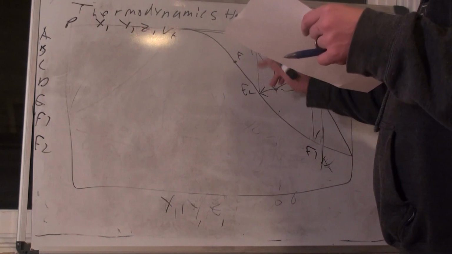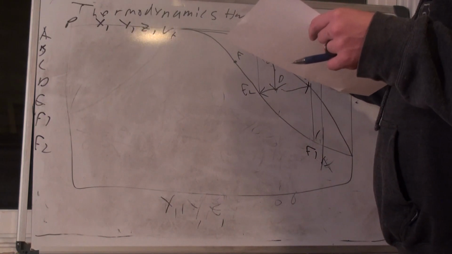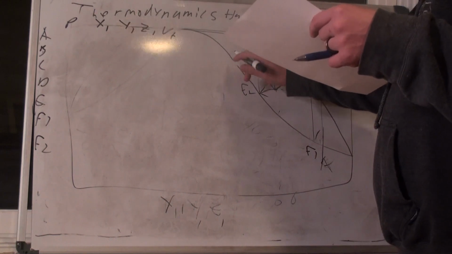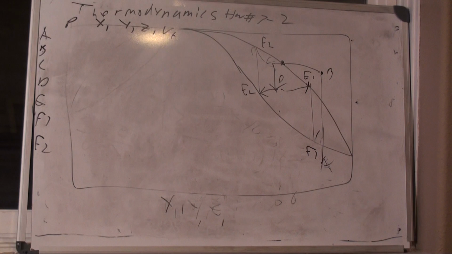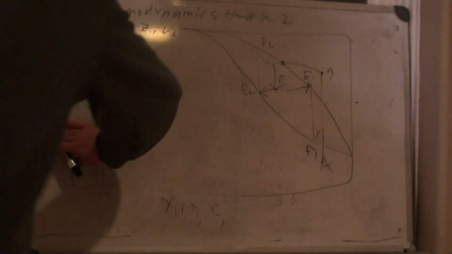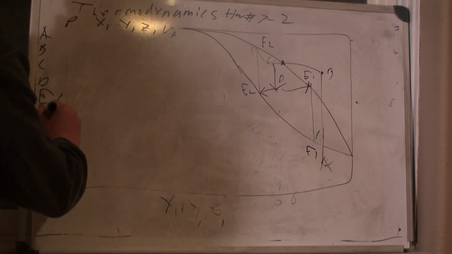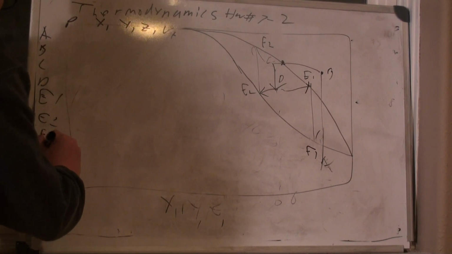I want each point essentially, so E1, E2, F1, F2.